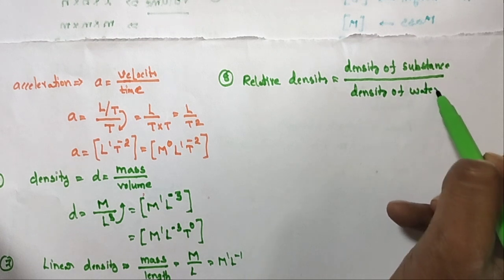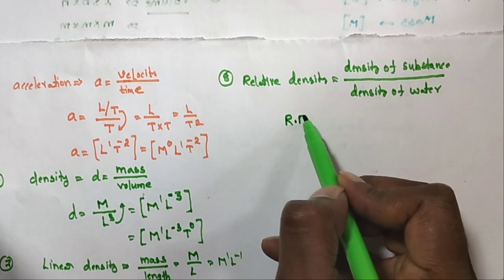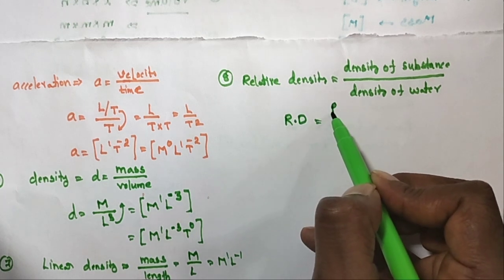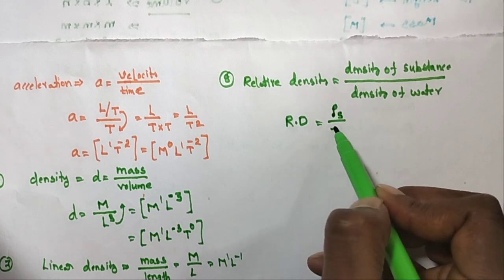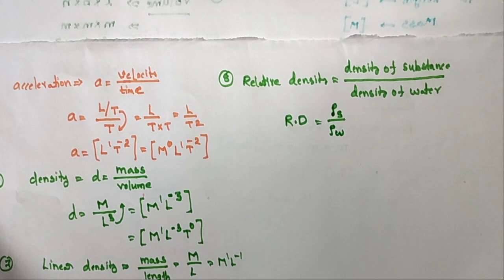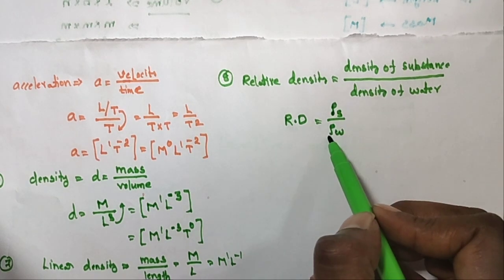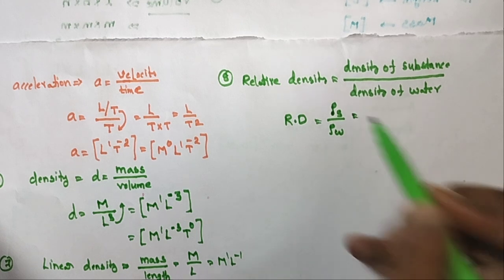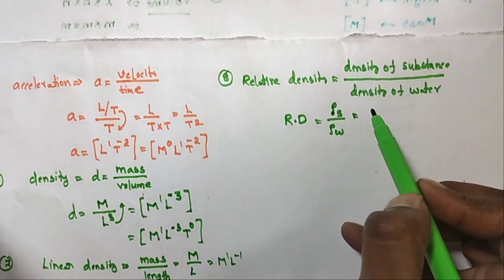This is the formula. So the relative density, RD, is equal to rho S by rho W, where rho is density, S means substance, and W is water. So in this one you observe both are rho values, both are density and density.